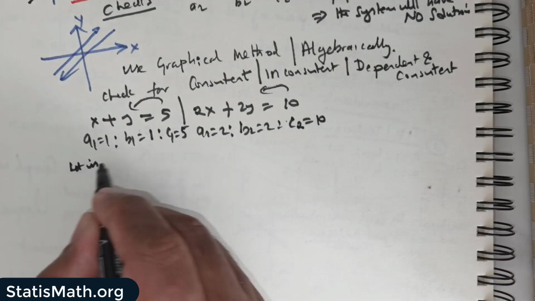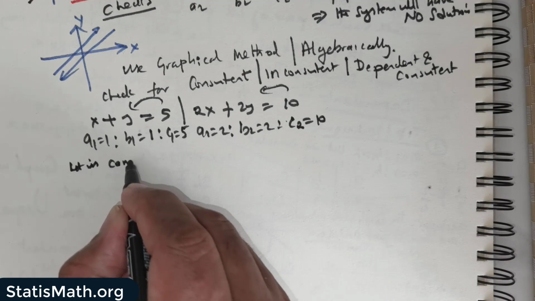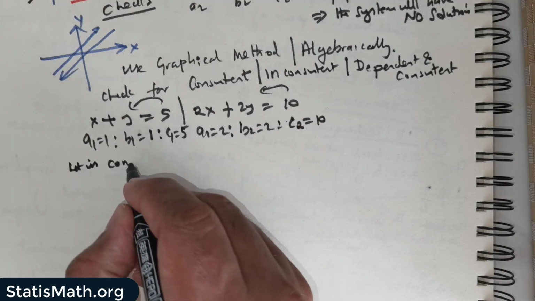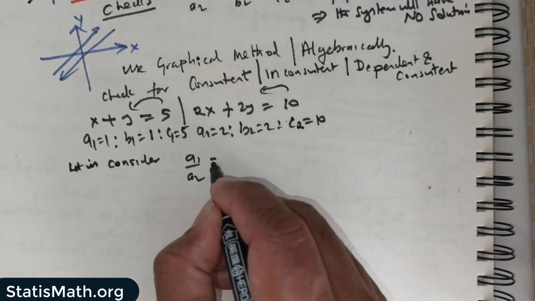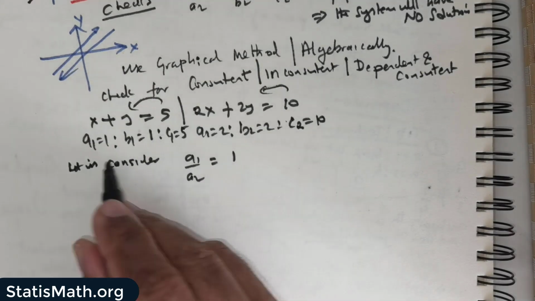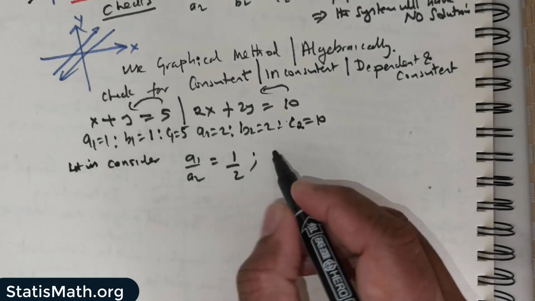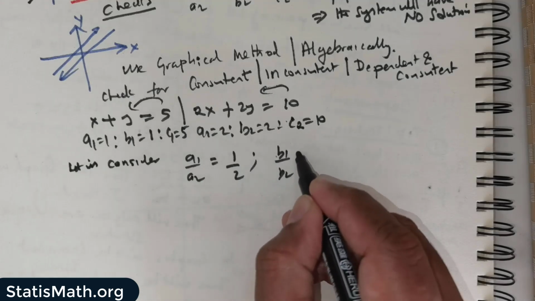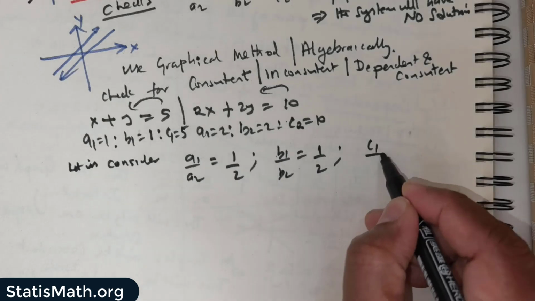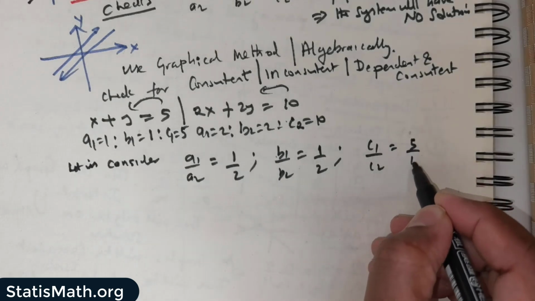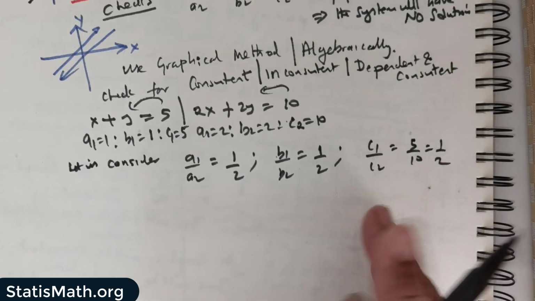You can use this phrase, let us consider a1 over a2. What is that equal to? 1 over 2. And b1 over b2? 1 over 2. And c1 over c2? 5 over 10, which is equal to 1 over 2.